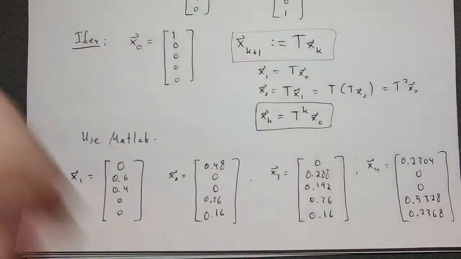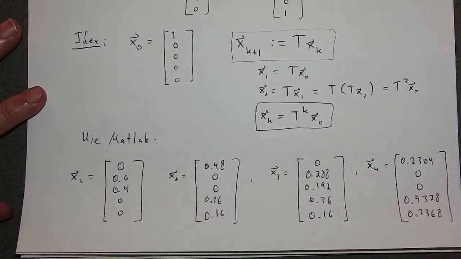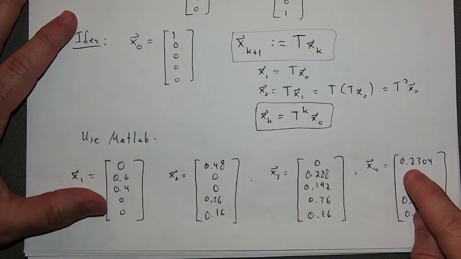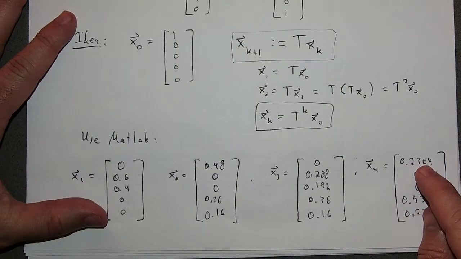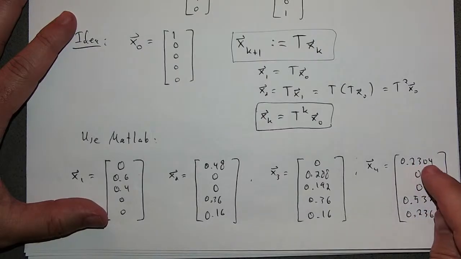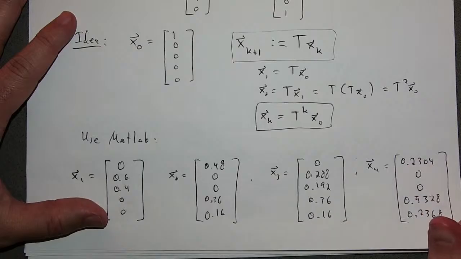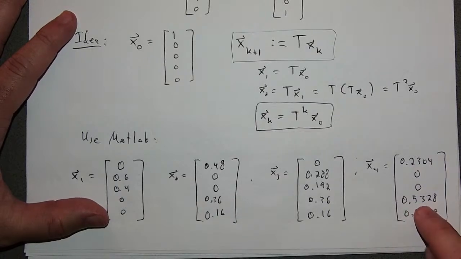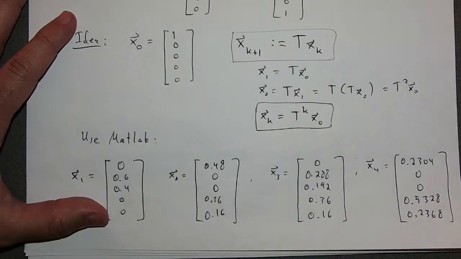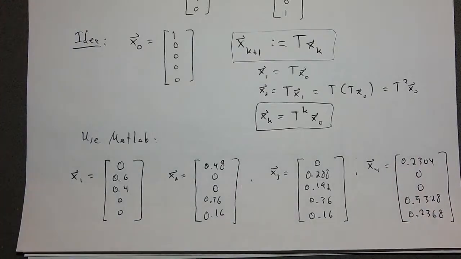So after 4 iterations, x of 4, this first entry, 0.2304, means that there's a 23.04% chance that the game is back in deuce. So it's still ongoing. But there's a 53.28% chance that A has already won. And there's a 23.68% chance that B has already won. Okay? So this is what we get from this vector.